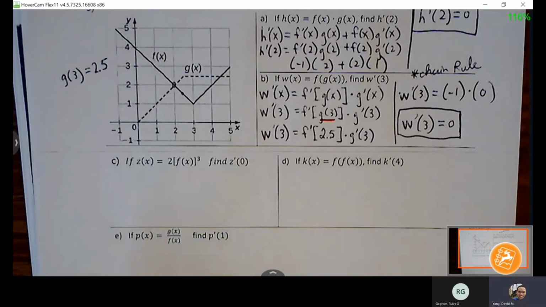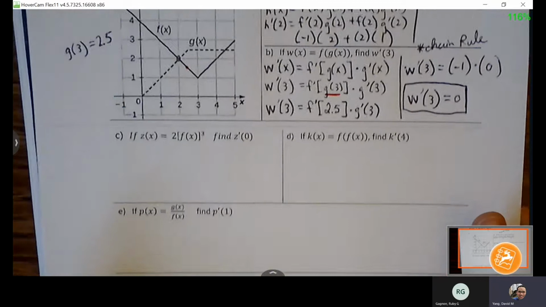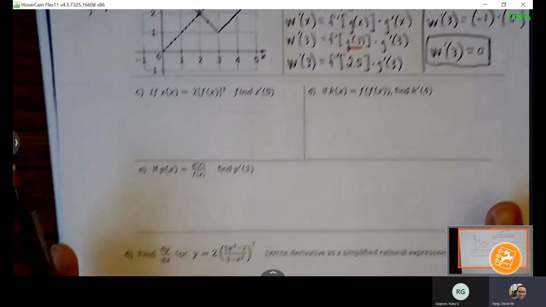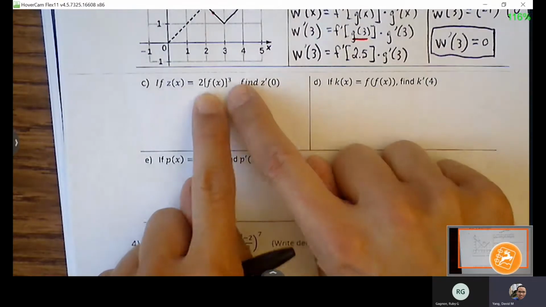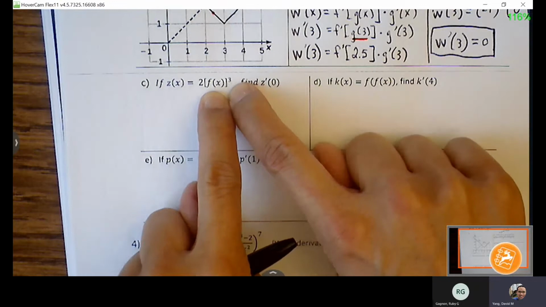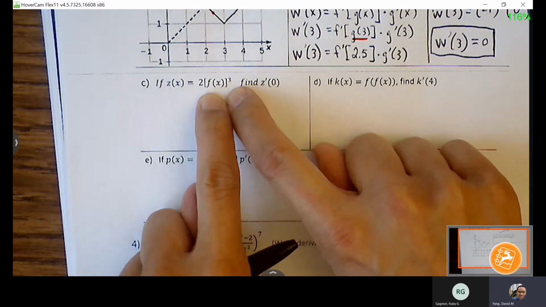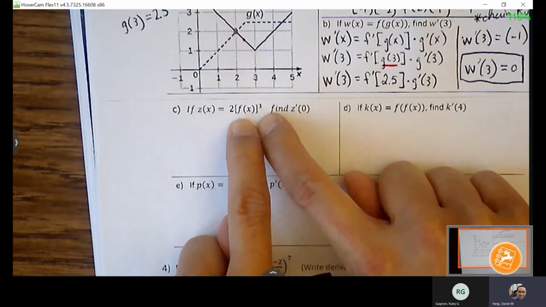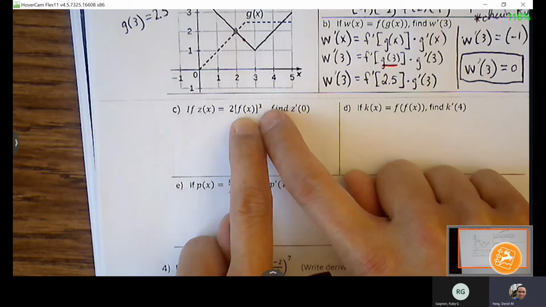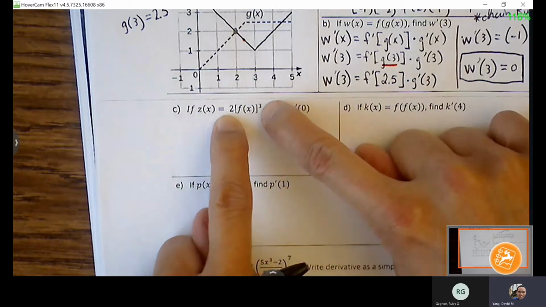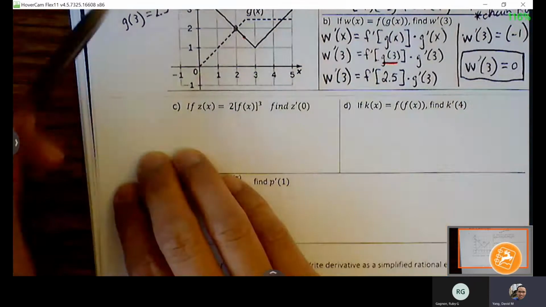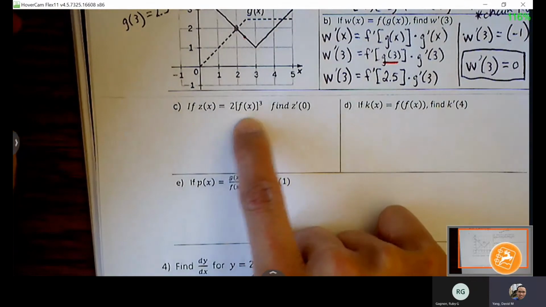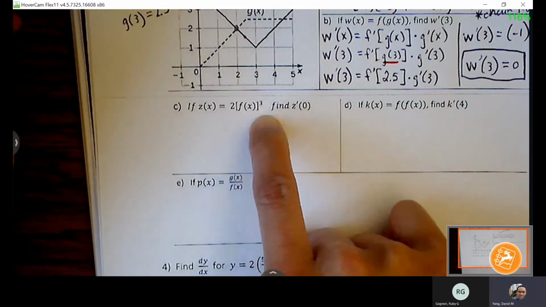Okay, part C. z of x equals 2 f of x cubed. This is also chain rule, but this is kind of a mixed chain rule here. We have an outside and inside function that we can actually work with because there's a power rule that we can do here. So imagine this was like 2 with messiness inside cubed.